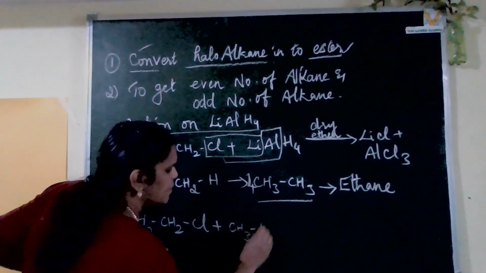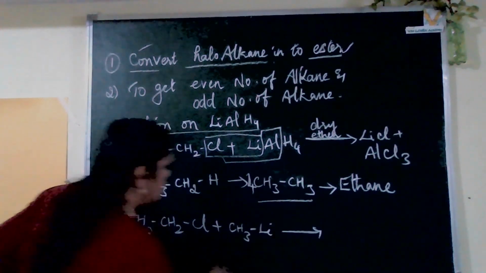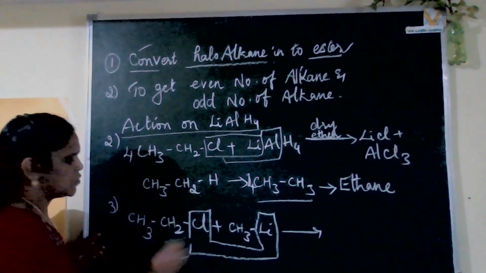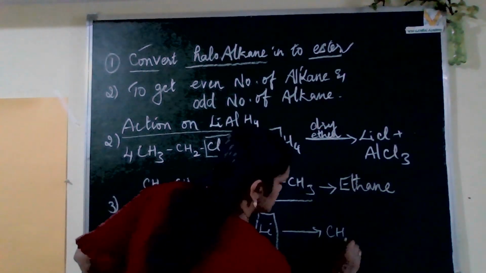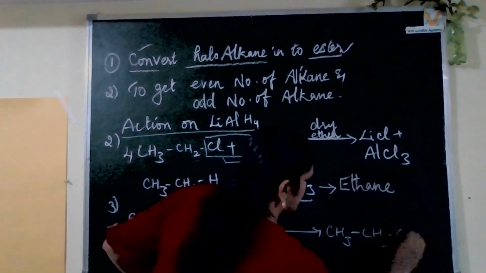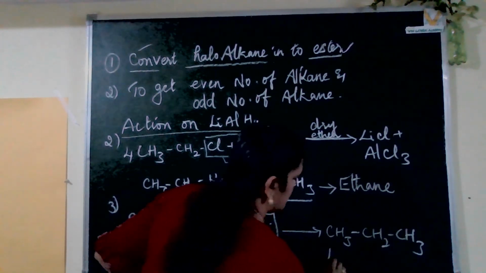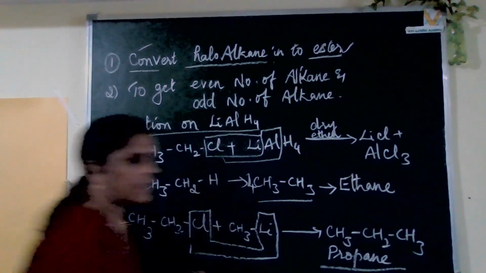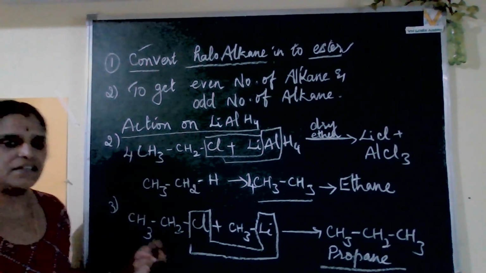Methyl lithium. These two will go and attach, so automatically you will get CH3CH2CH3. What do we call this one? Propane. Odd number of alkane. Hope you're clear with this.